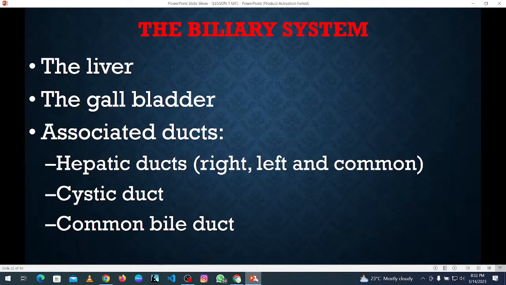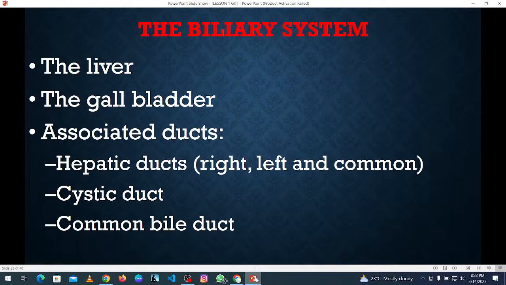So the biliary system, and biliary is a term used to describe a combination of organs, the liver and the gallbladder. They are more or less contained in each other. We have certain ducts that are associated with them.